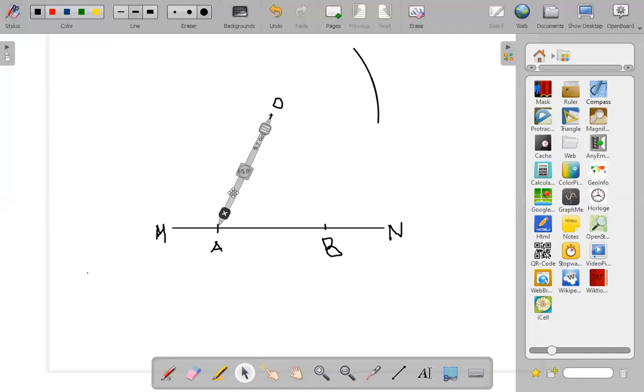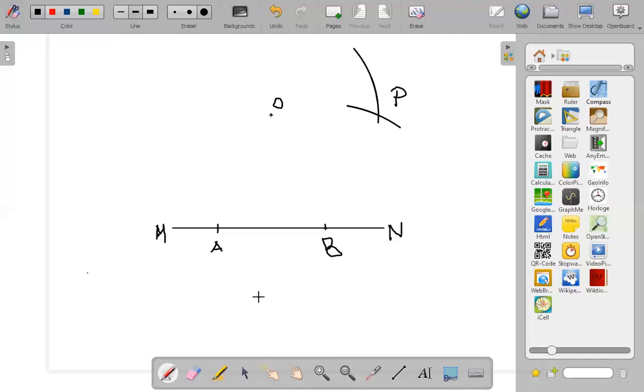All right, center B, okay, here is B. Draw another arc to intersect the first one. Just like this, all right? Then let's label that point P.